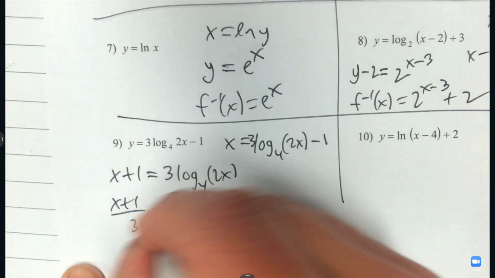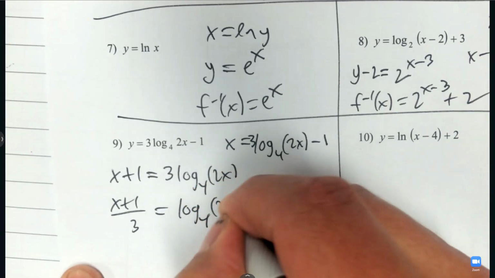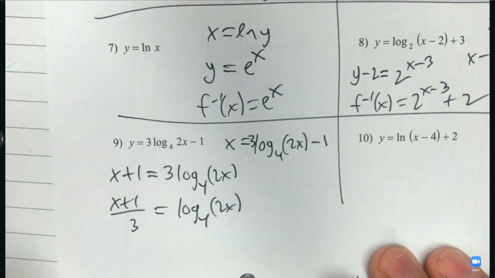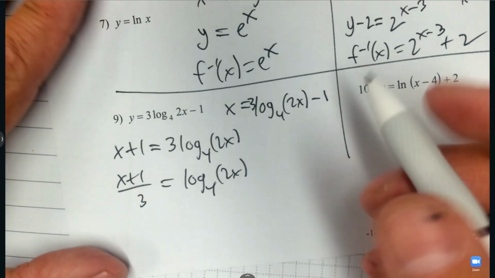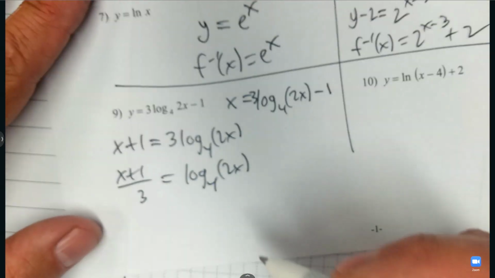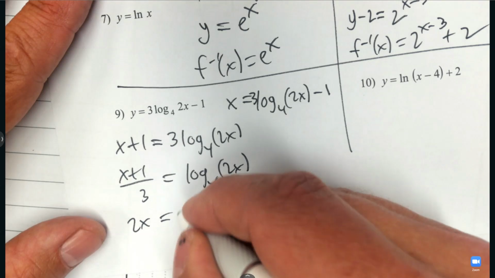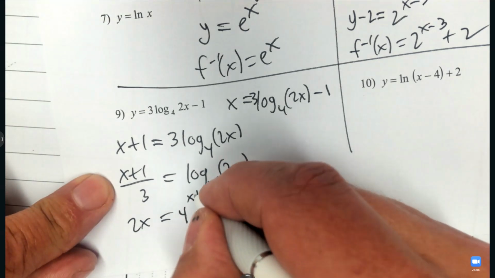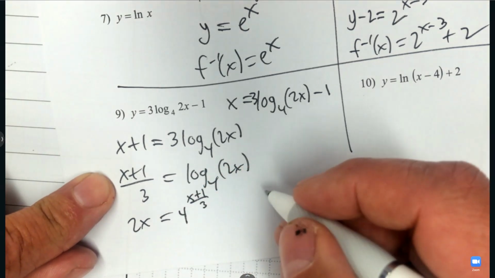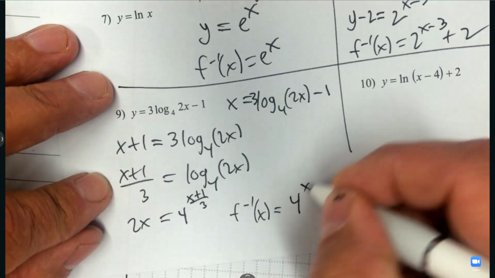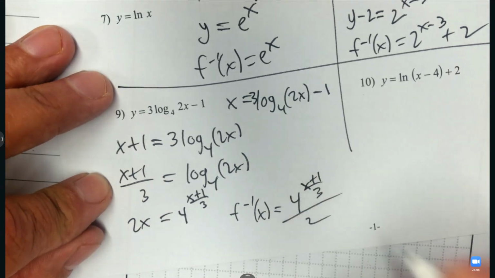Now the logarithm is isolated. So if you don't see parentheses, it's not inside the logarithm. So the 2x is only inside the logarithm, not the subtract 1. To write this as an exponential, what's inside the logarithm is 2x, the base is 4, and then the exponent is x plus 1 divided by 3. Divide by 2, and you have the inverse. So 4 to the exponent x plus 1 divided by 3, all divided by 2.